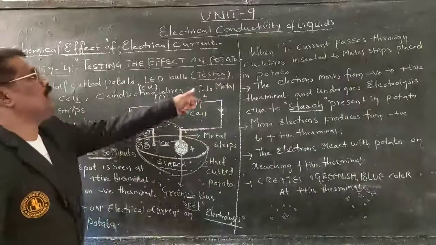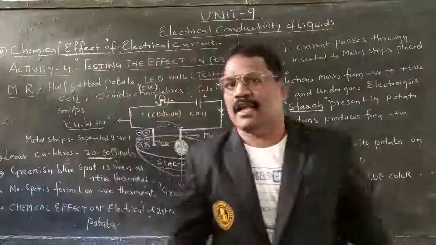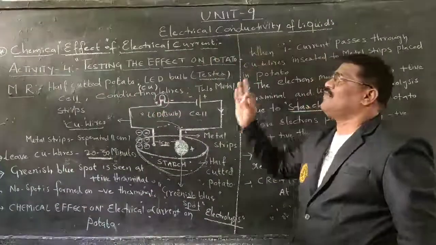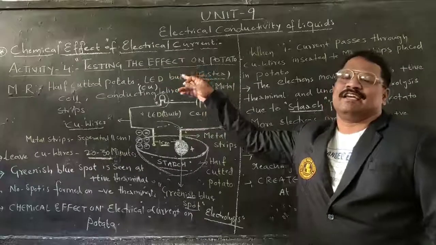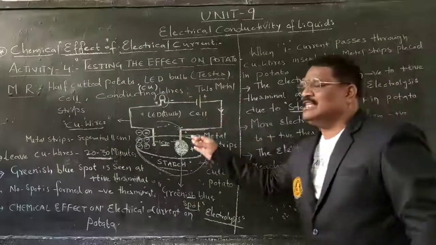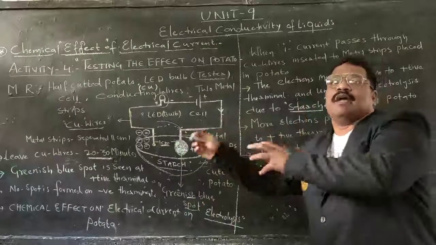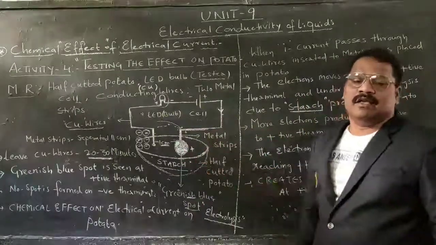By this we have completed our activity on the electrical conductivity of liquids by means of the chemical effect of electric current. Try to analyze this topic, how a chemical effect takes place.